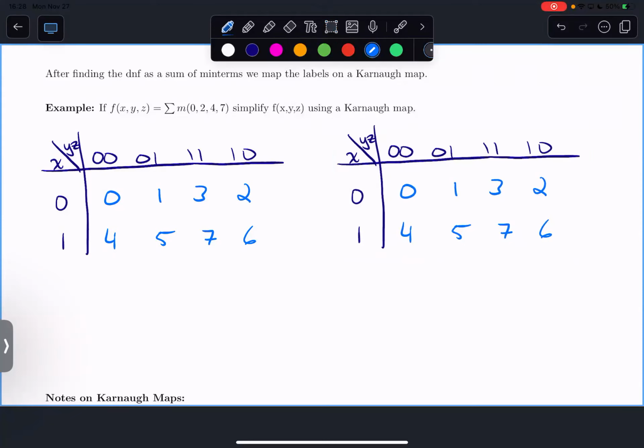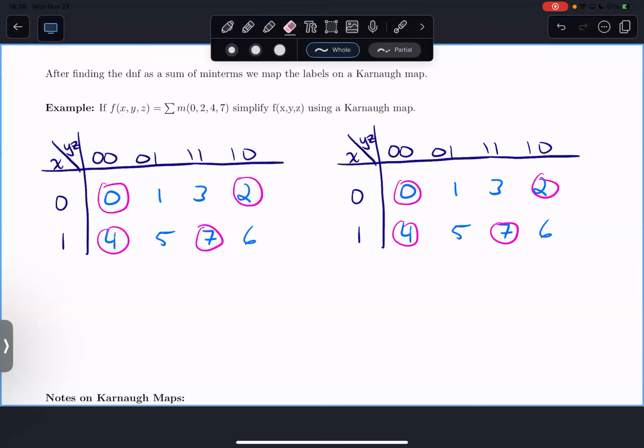So what we're gonna do is, over in this original, we're gonna circle all our min terms, 0, 2, 4, 7. And I'm gonna circle those here as well, 0, 2, 4, 7. But instead, I'm going to replace the 0, 2, 4, 7 slots with 1s.